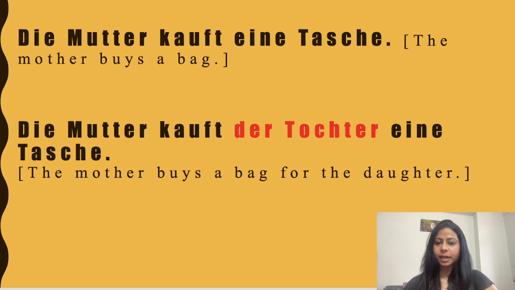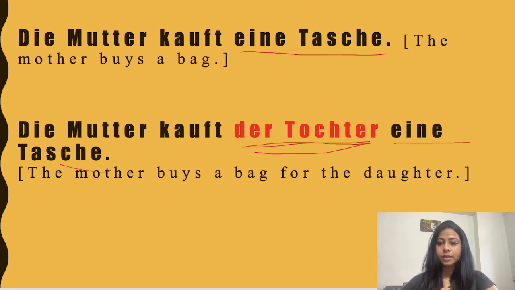So what is in the first sentence? One object, eine Tasche, that is a bag. In the second sentence we have two objects. Which two objects? That is der Tochter and eine Tasche. So der Tochter is the dative object here.